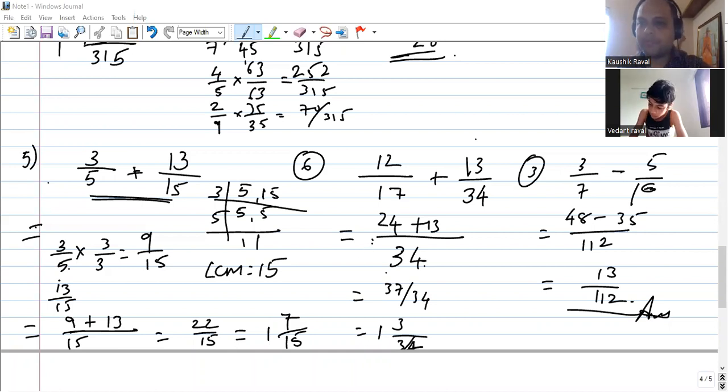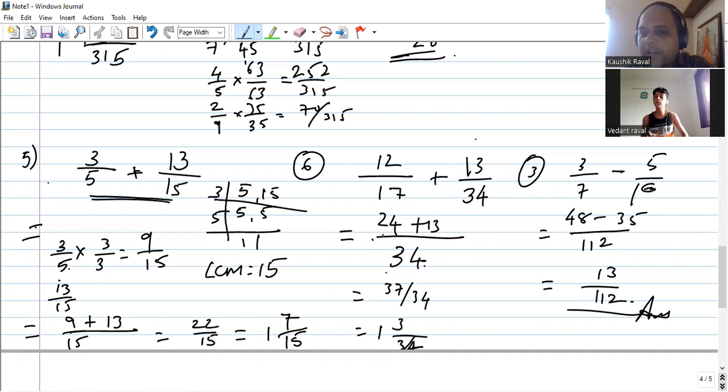Yes, 17 is a prime number, so you cannot divide it, right? So for 17 and 34, your LCM will be 34, right? Yes or no? Yes. Okay. So when you convert 17 to 34, you have to multiply it with 2.